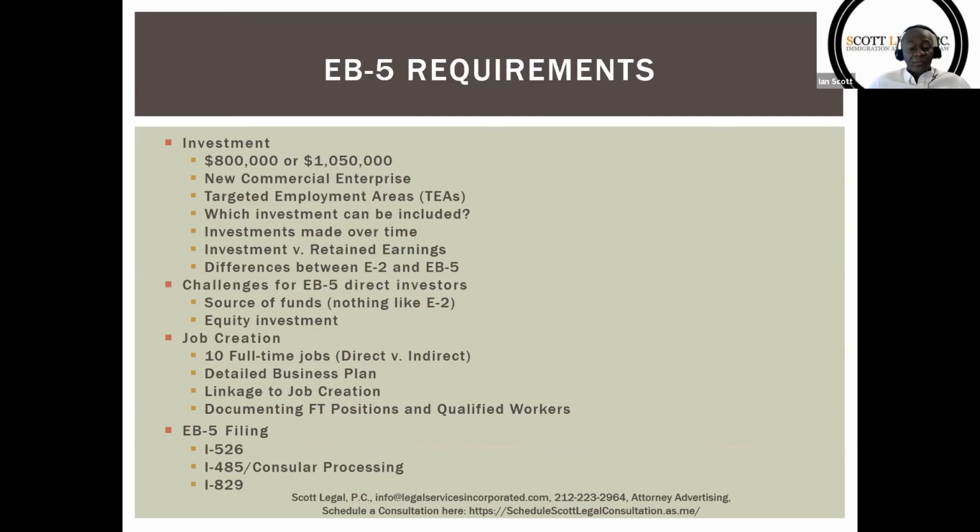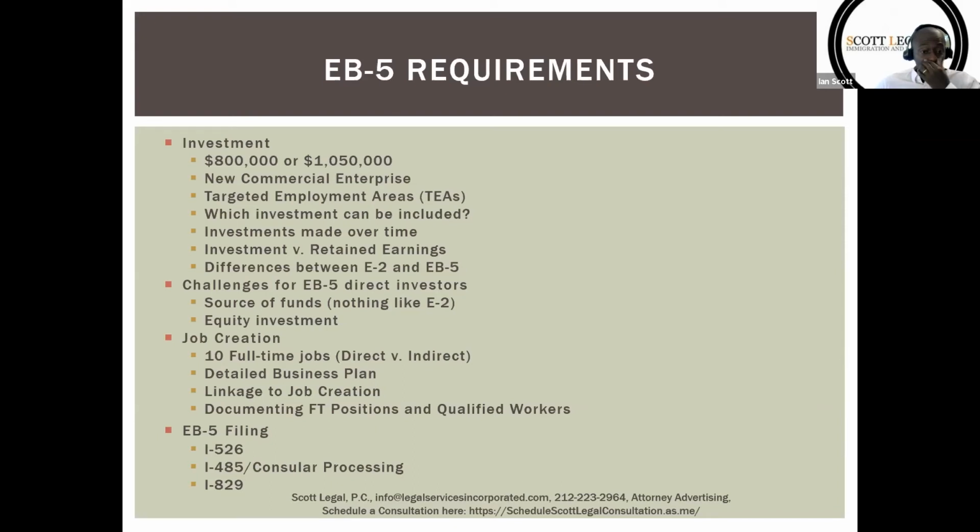This is relevant for both regional centers and the direct program. But it's very important for EB-5, because the workers have to be green card holders or US citizens. So when you go through the process of removing conditions on a green card, and we're going to talk about that in a little bit, you have to actually show that they're qualified: show their US passport, show their green card, and make sure that's all relevant and correct.